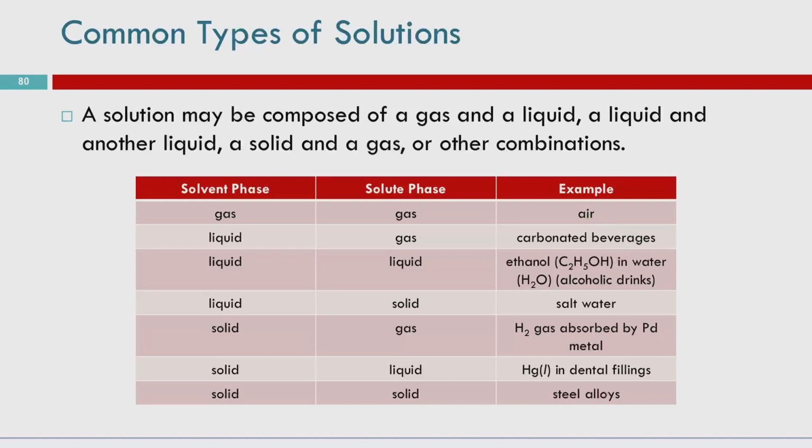There's a bunch of different components in air that we breathe, that we need. Some of them are bad also. You can also dissolve gas into a liquid, like in carbonated beverages. You can dissolve ethanol into water, like in alcoholic drinks, some of us might like to enjoy. You can dissolve solids into liquids, like with salt water, and so on and so forth.